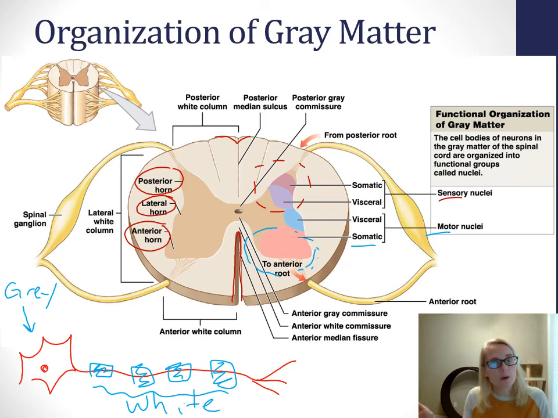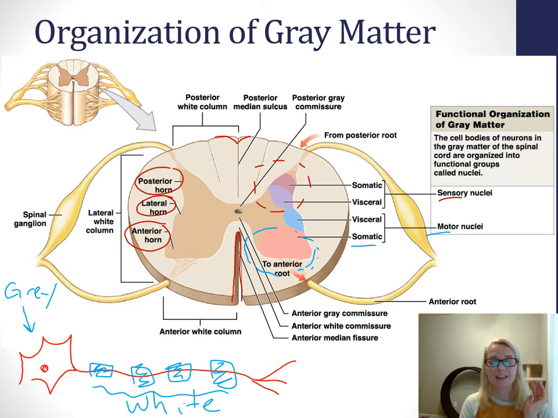But what about all the other things that we can control? Well, think about it. What other things can you consciously control besides your thoughts? Those aren't effectors. Can you consciously control your smooth muscle? No. Can you consciously control your cardiac muscle? No. Can you consciously control the secretion of your glands?